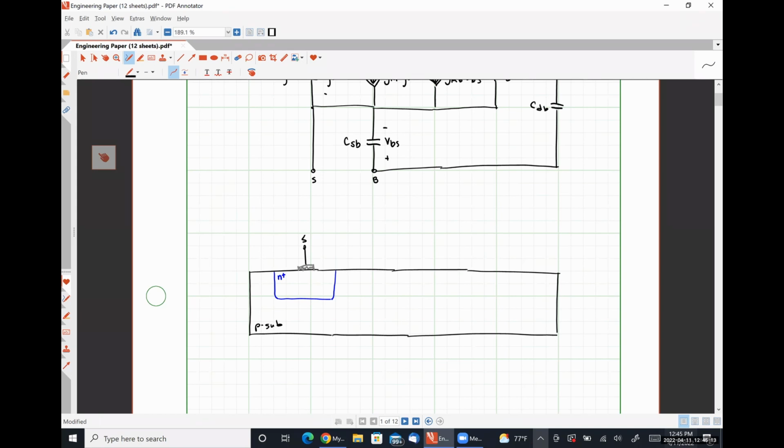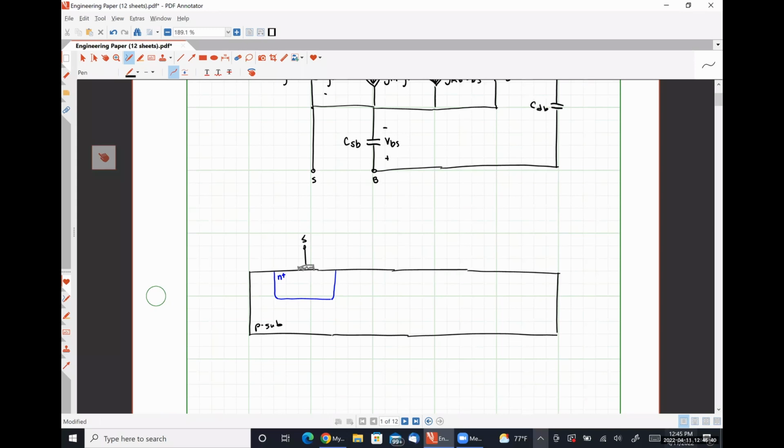And just looking at this guy very specifically, we have an N+ region abutted next to a P-type substrate, which means we have a PN junction. And if our source terminal is ever at a higher potential than our substrate, we have a reverse bias junction.